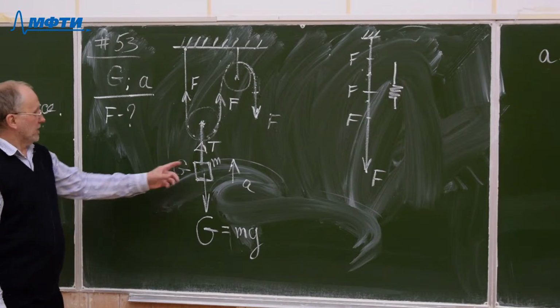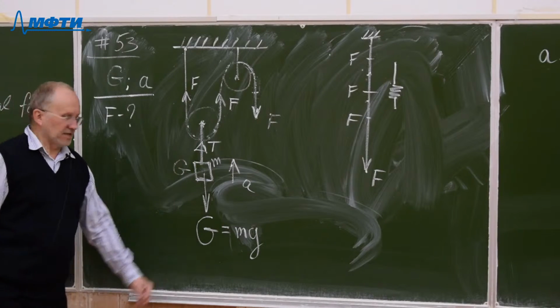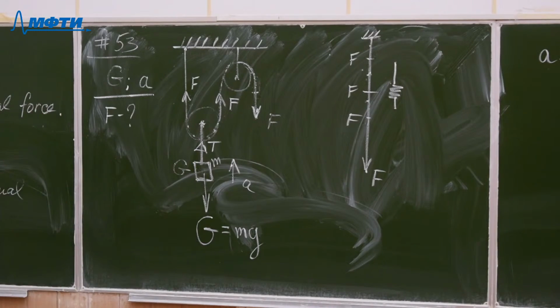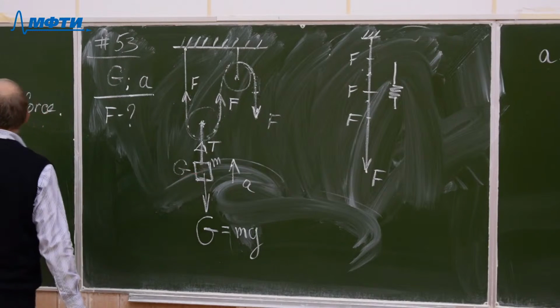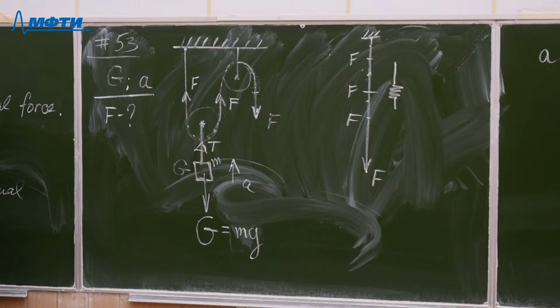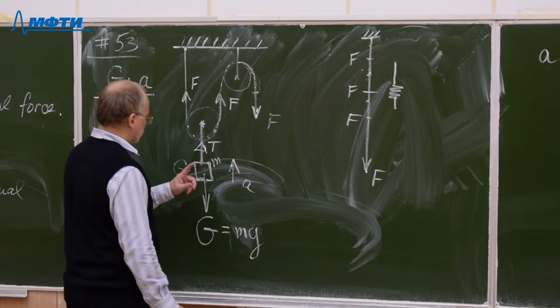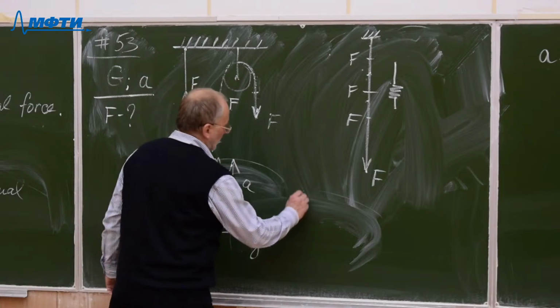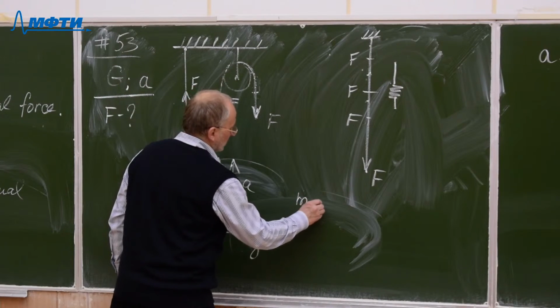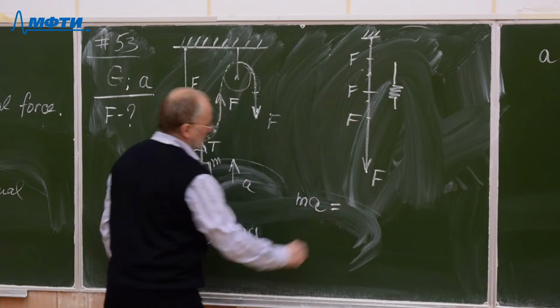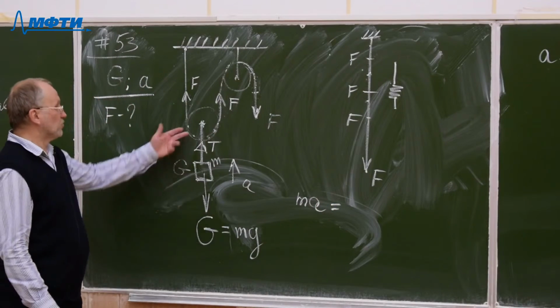So now, as we have considered all the forces and we know all the forces and the mass, we can write down the second Newton's law, which is what? The mass of the body times acceleration must be equal to the net force acting on the body.